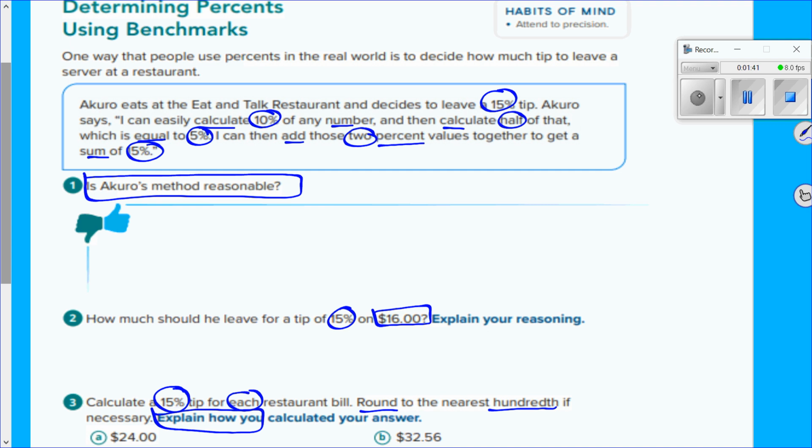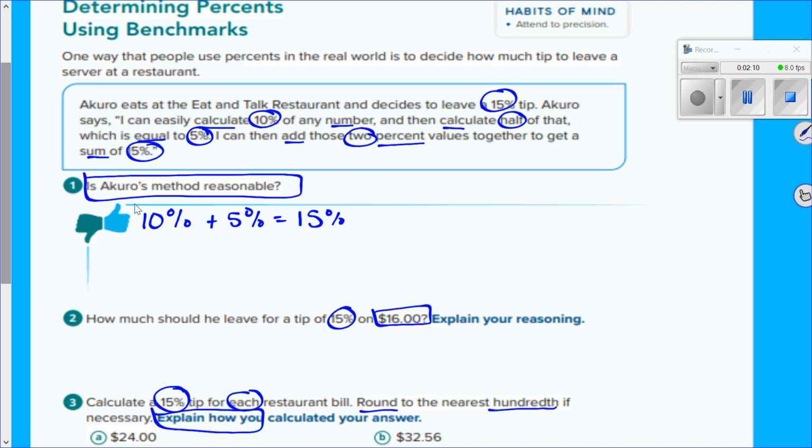I can add those two values together and get a sum of 15%. So who agrees with what he says? Who thinks that is reasonable? Okay. Who does not think that is reasonable? It is reasonable, and we did this last class. If you take 10% of something plus 5% of something, it would give you a full 15%, yes?